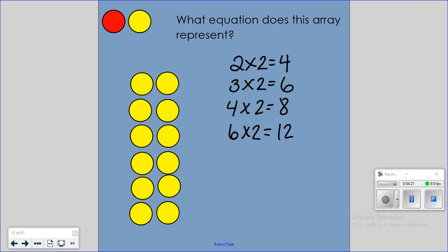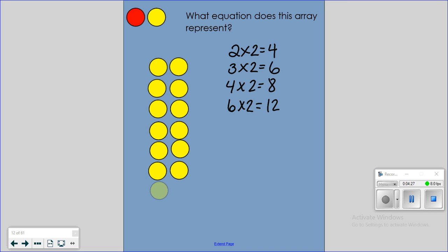What if I add 2 more groups to that? Notice I'm saying 2 more groups. So there's 1 group of 2, and then another group of 2. There's a lot happening in our array.